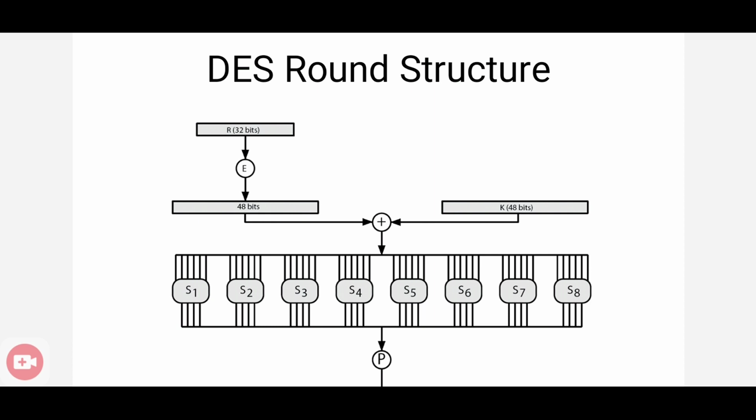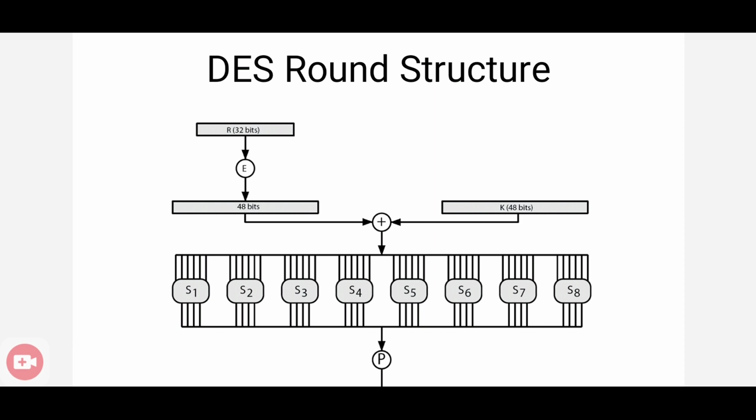And this is the S-box structure. We have the right half R as 32 bits, then expanded into 48 bits, performing XOR with the key. That output will be the input of the substitution boxes, the S-boxes. How many S-boxes are there?